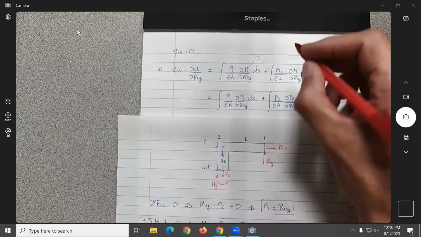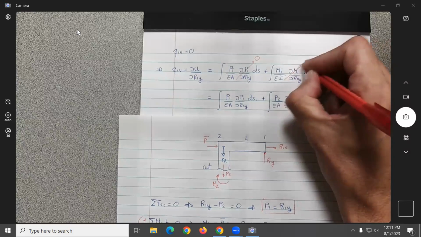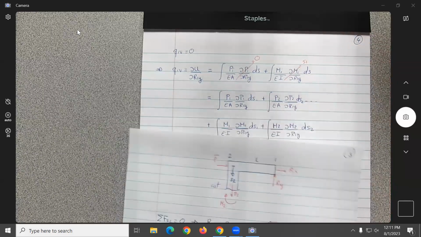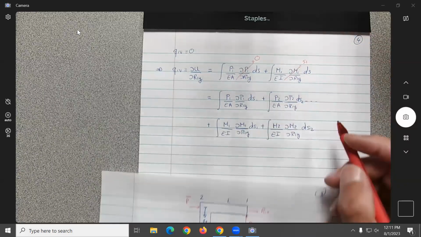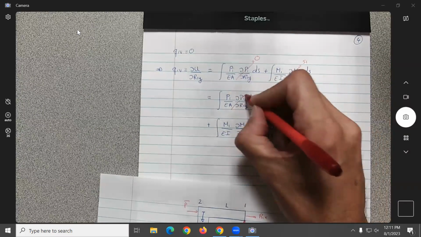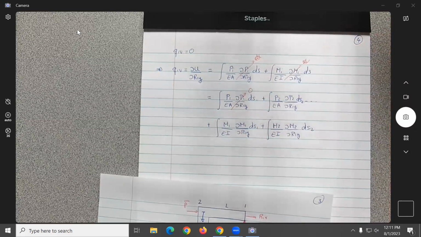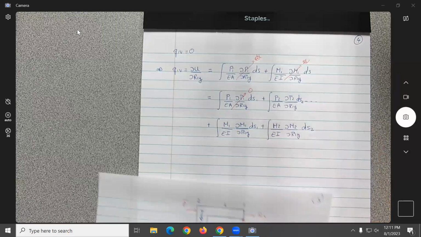Which one are we doing here? We are doing the bending moment, no? Oops, sorry guys, I did it in the wrong place here. It should have been done here. So this is the 0. This one, eliminate this one. Okay, let's do one by one.